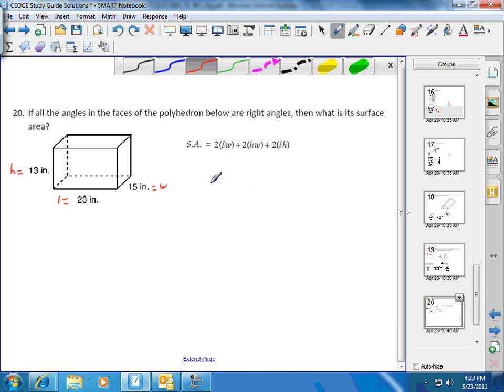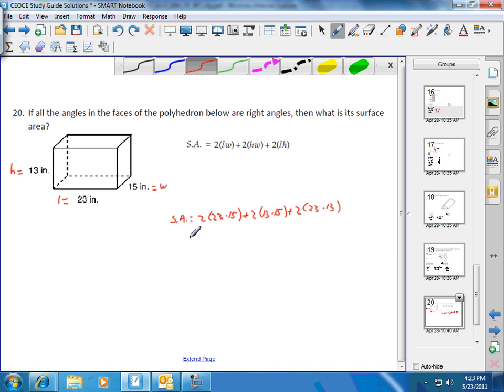Surface area is equal to 2 times the length, which is 23, times the width, which is 15, plus 2 times the height, which is 13, times the width, which is 15, plus 2 times the length, which is 23, times the height, which is 13.